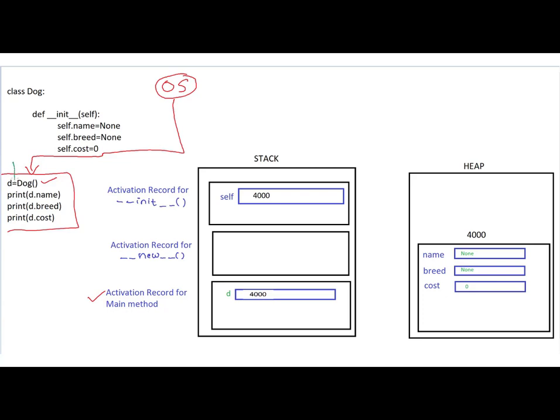Control is present here. Control is now going to execute whatever is on the right side of the equal sign. So we have Dog first. When it sees the Dog class, it automatically calls the dunder or magical method, which I have shown here.